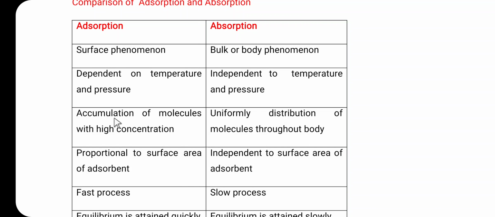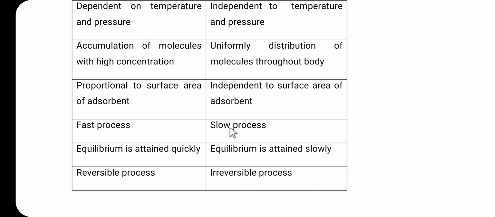Third point, in adsorption there is accumulation of molecules at high concentration, while in absorption, molecules are uniformly distributed throughout the body of the adsorbent. Fourth, adsorption is proportional to the surface area of the adsorbent. That means when more surface area is available, the rate of adsorption is more.